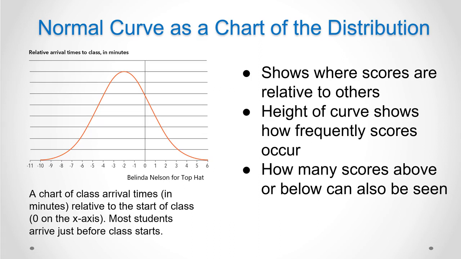The height of the curve shows how frequently these scores occur. The normal curve also shows how many scores fall above and below the mean and other scores. It provides us a map to understand relationships of any score relative to all the other scores in the distribution. It's really a great way to visualize the distribution.